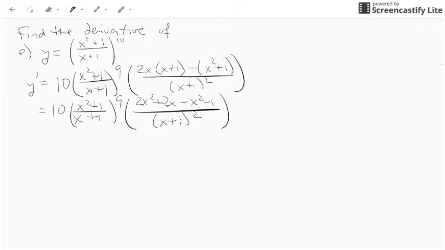So that is going to get us 10 times x squared plus 1 over x plus 1 all to the 9. And over here, 2x squared minus x squared is just x squared plus 2x minus 1 over x plus 1 squared.